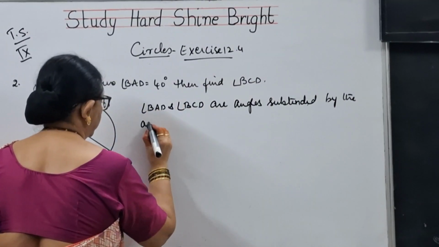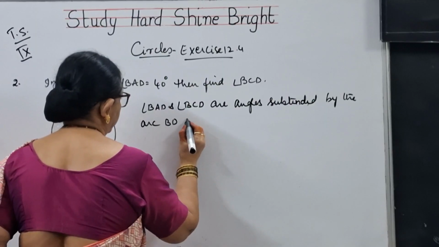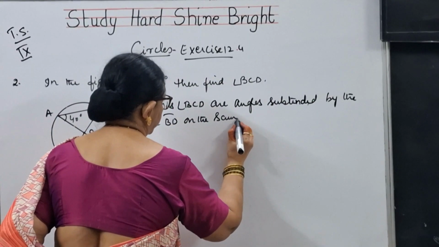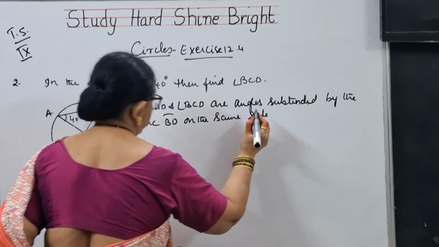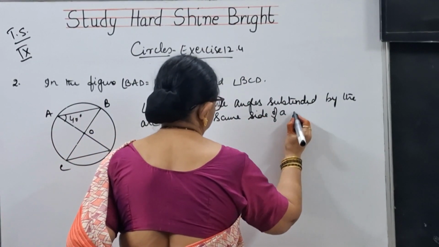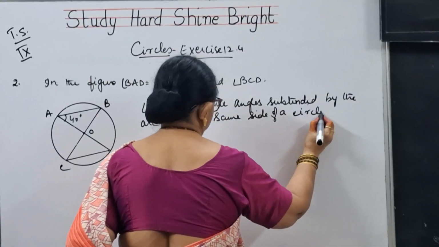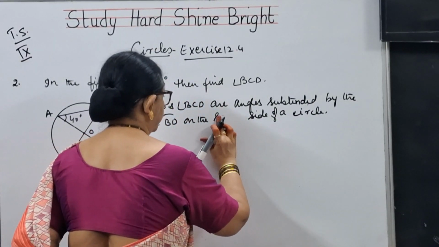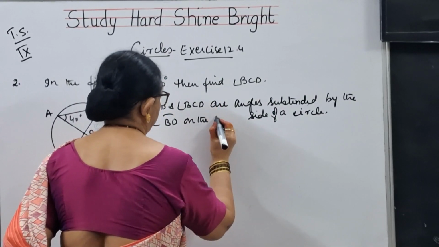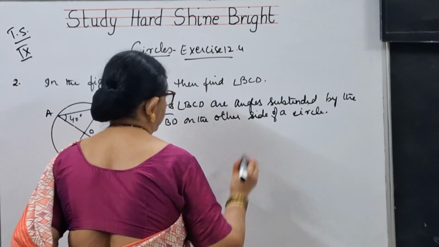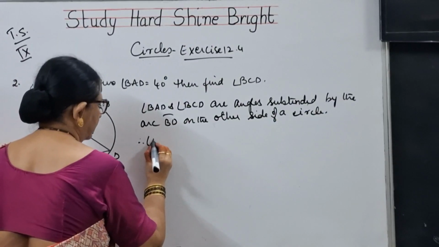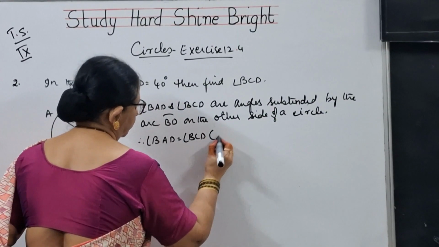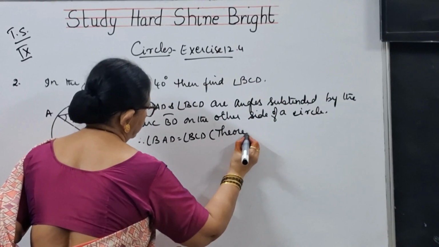by the arc BD on the same side of a circle. On the other side, we can say not same side, on the other side of the circle. Therefore, angle BAD is equal to angle BCD basing on the theorem which we have learnt.